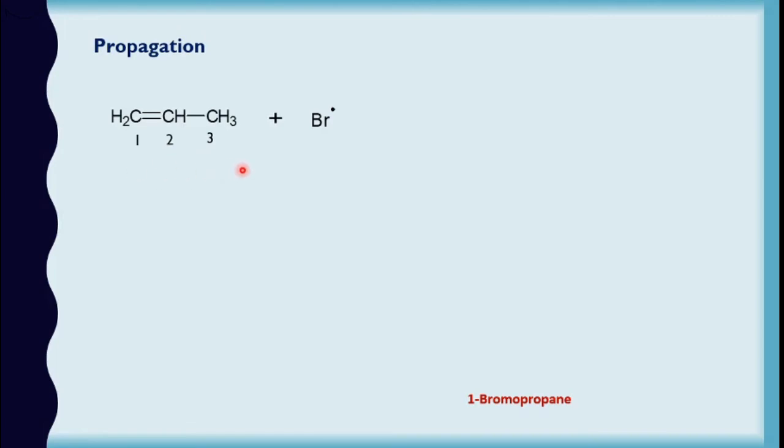So this is our unsaturated reactant, that is propene. Now, will this bromine radical add across this double bond on carbon 1 or on carbon 2? Let's see what will happen if it gets attached to carbon 1 and 2.